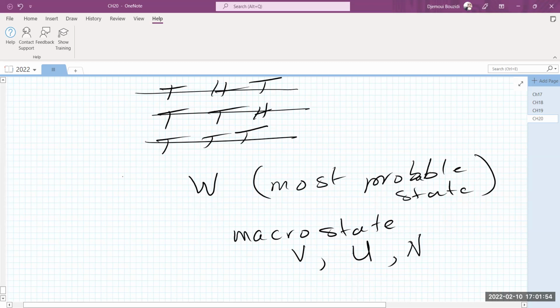So the letter W is the probability of the most probable macro state. How many ways can we arrange it in that way? Remember, I can have head and tail, or tail and head for the same state. Both of them have the same value, meaning one of them is head, the other one is tail. The way that I arrange the particles, HT and TH, these are called microstates.